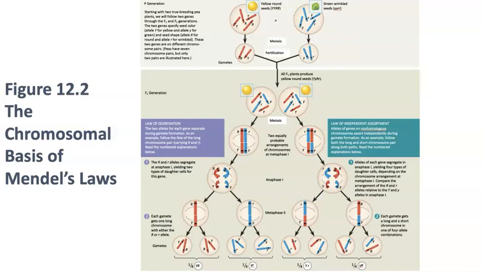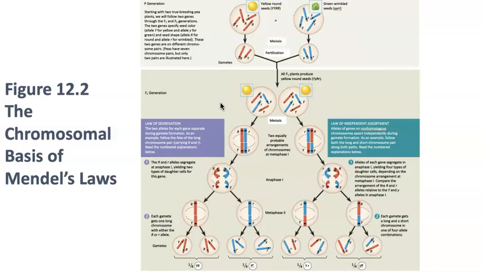When individuals are heterozygous, we really have to start paying attention to Mendel's two laws, the law of segregation and the law of independent assortment. Now, don't get me wrong, both of those laws were happening up here in the parental generation. But when it comes to the F1 generation, we really can see what's going on with each of those two laws. Remember that the law of segregation says that when you're making gametes, you have to put the two alleles for each gene into separate gametes during gamete formation.